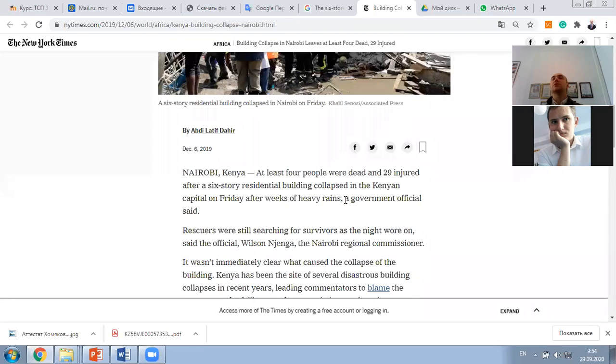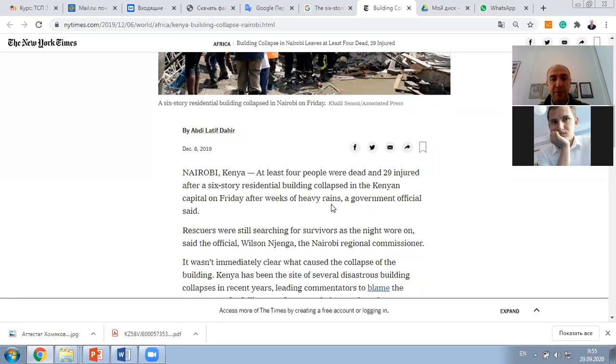So it was last year, on December 6th, 2019. The six-story residential building collapsed in Kenya on Friday after weeks of heavy rains. Directly, heavy rains cannot be the reason when any type of building collapses, if there weren't any problems in the building.